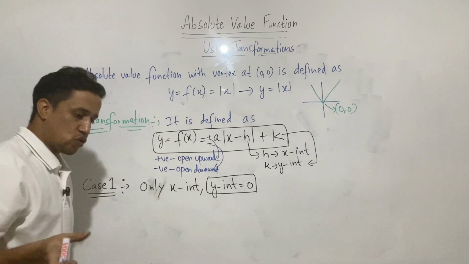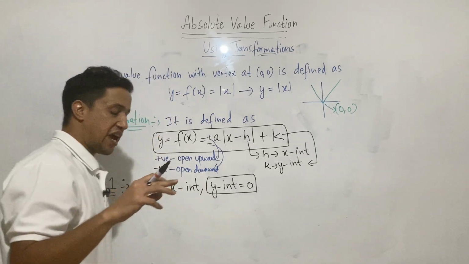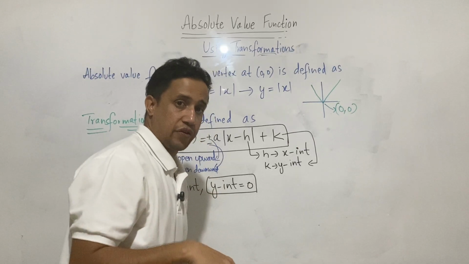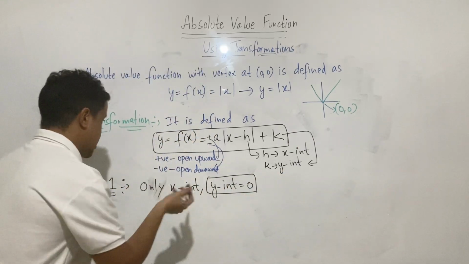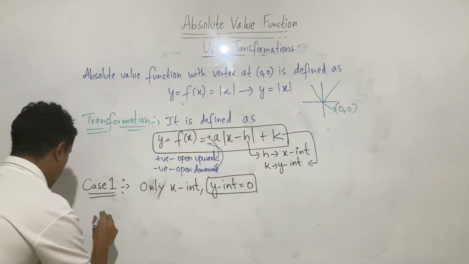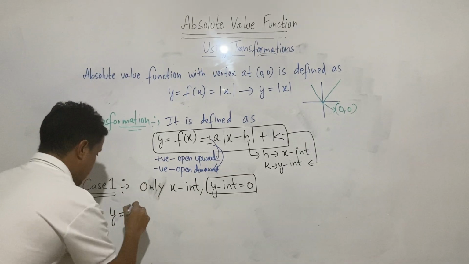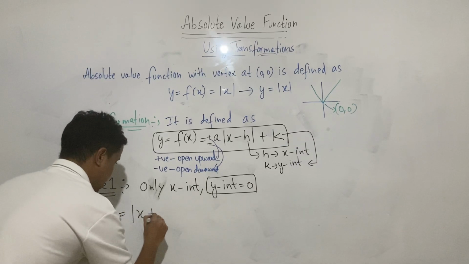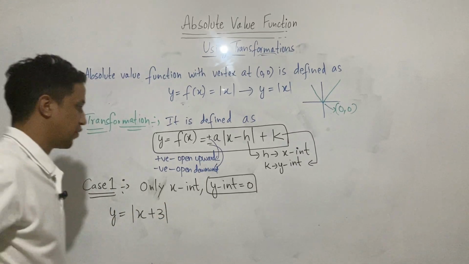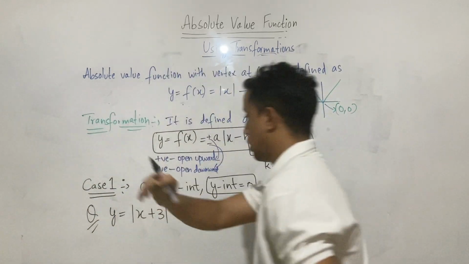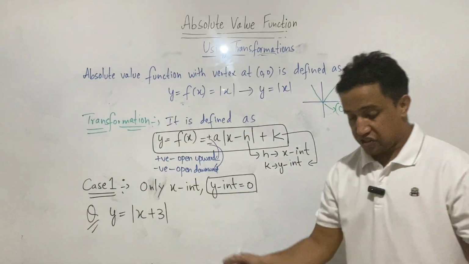So we are going to take the questions where we are going to deal with only x-intercept. Okay, so let's see. For example, I have to sketch the graph for modulus of x plus 3. Now see here, this is my question: modulus of x plus 3.